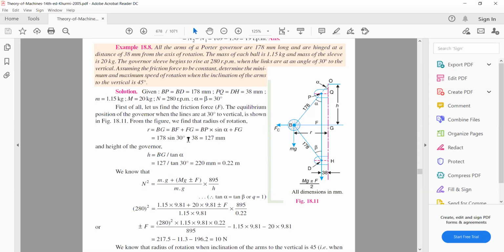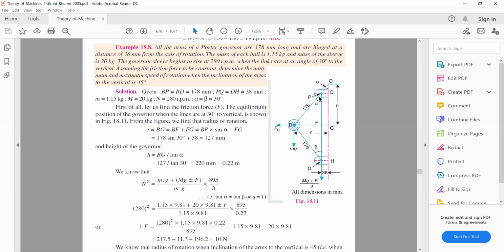Now let us find the radius. For getting the radius, what is the representation of the radius value here? BG is the radius of rotation. BG is also written as BF plus FG. From the triangle BPF, how do we find the BF value?